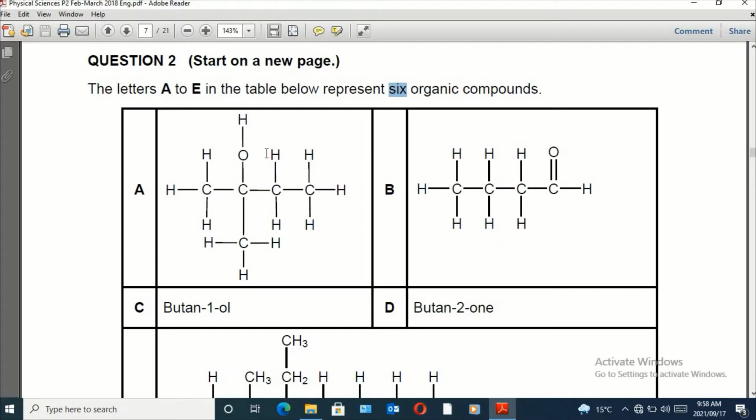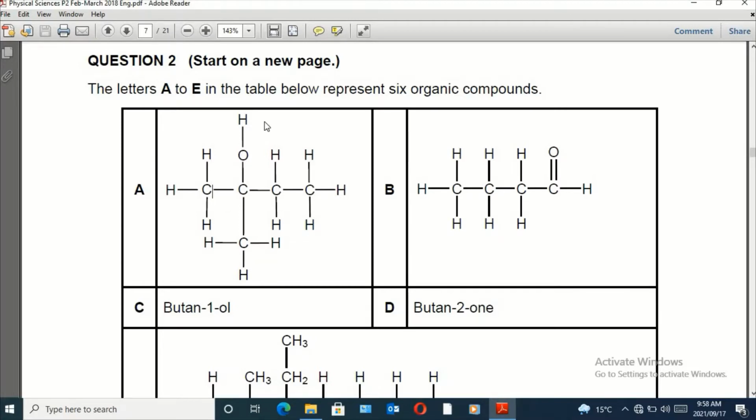But what are alcohols? Remember, alcohols are organic molecules containing what we call a hydroxyl group. So this OH that you see is called a hydroxyl functional group, and it is connected to an alkyl group, but it can also be connected to an aryl group.